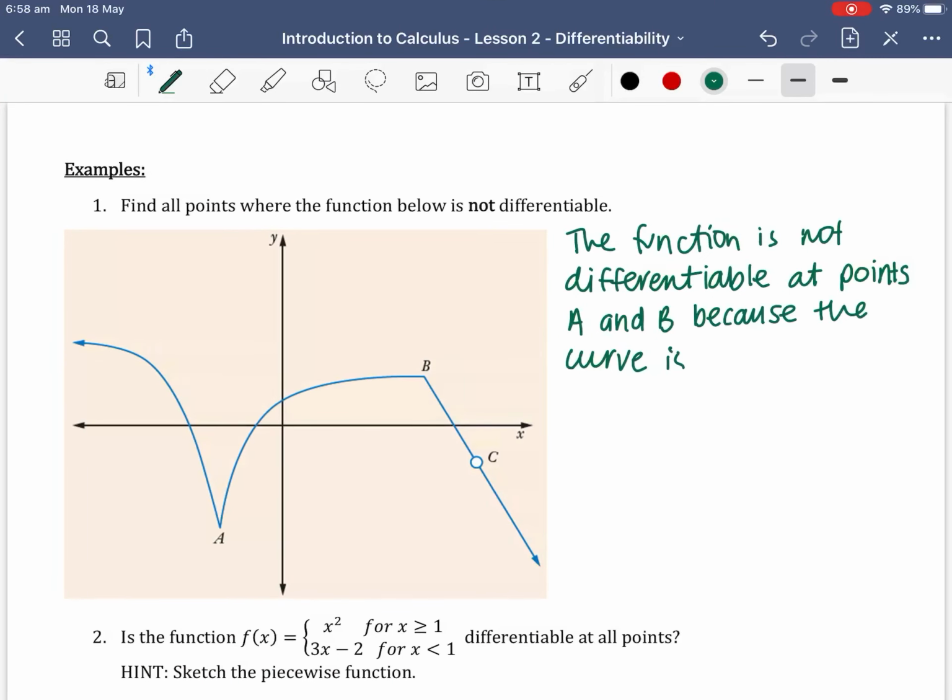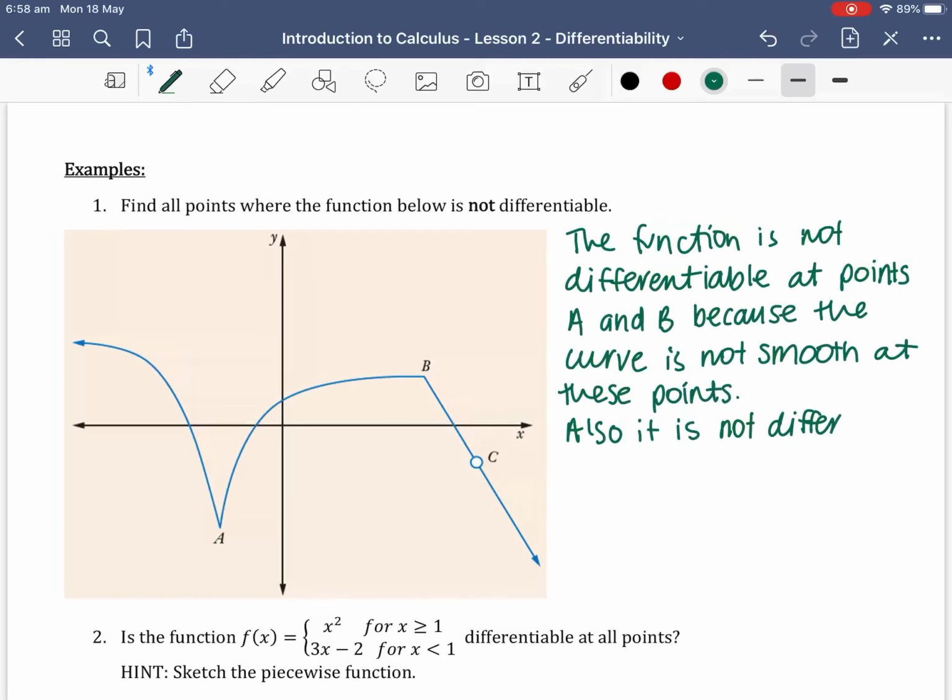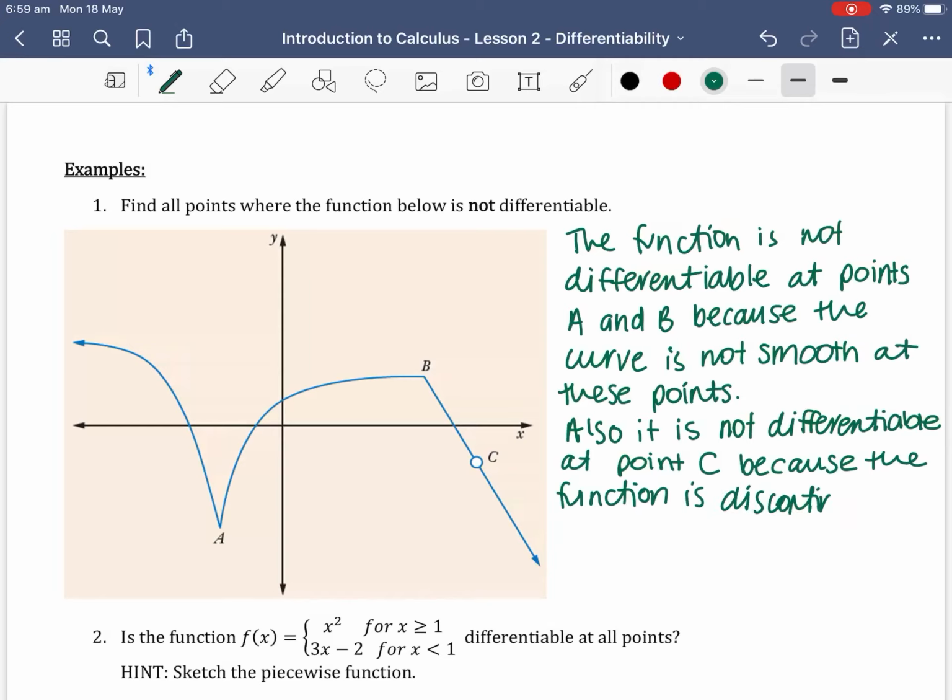Also, it is not differentiable at point C because the function is discontinuous at this point.